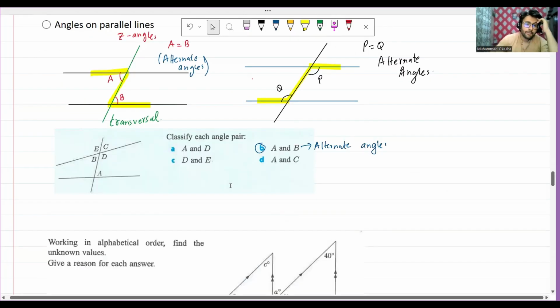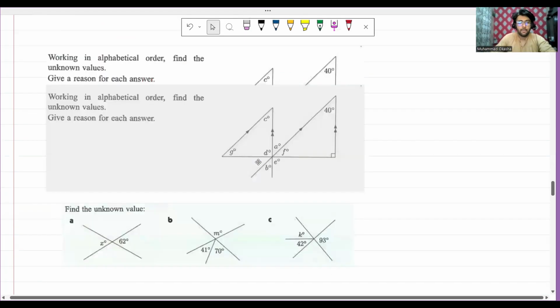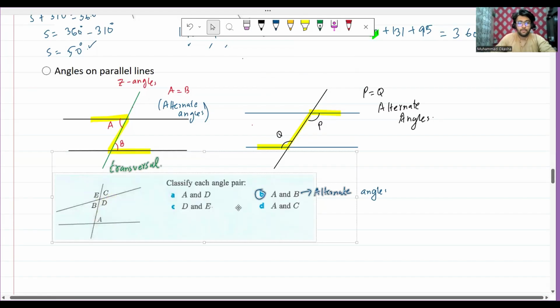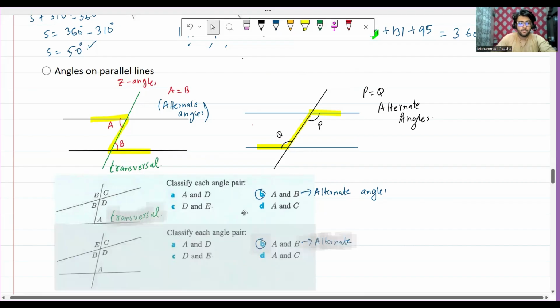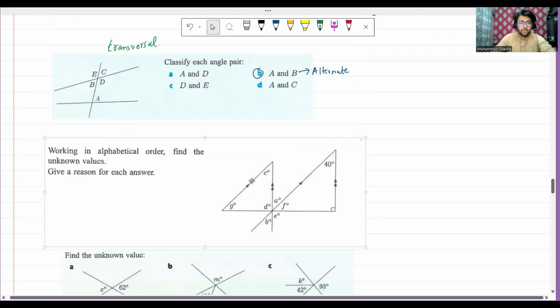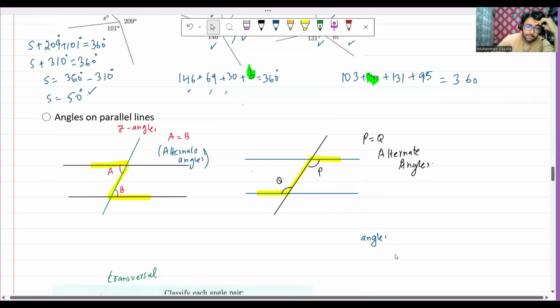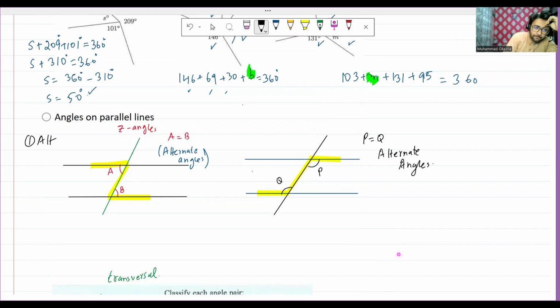Then there's another type of angles in parallel lines. We have three types of angles in parallel lines, actually. We've talked about one, which are alternate angles.